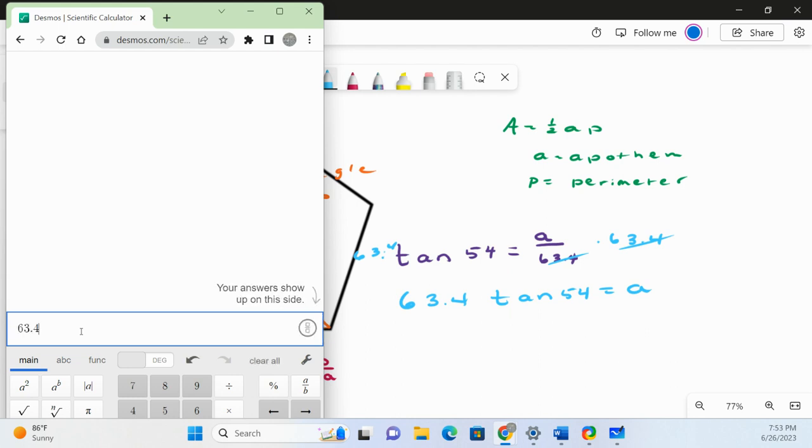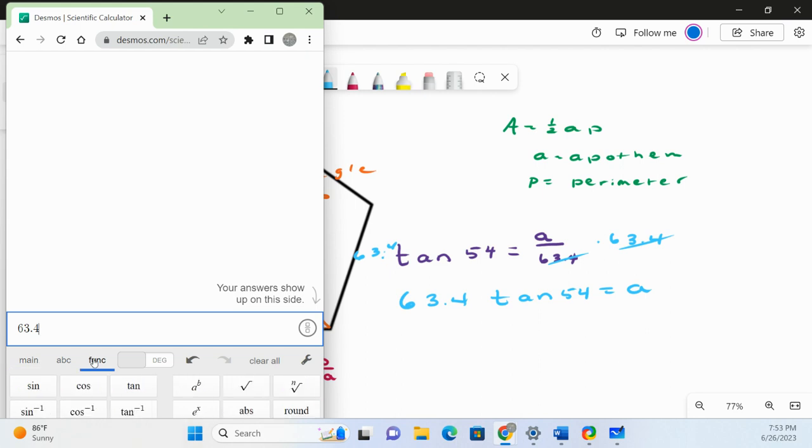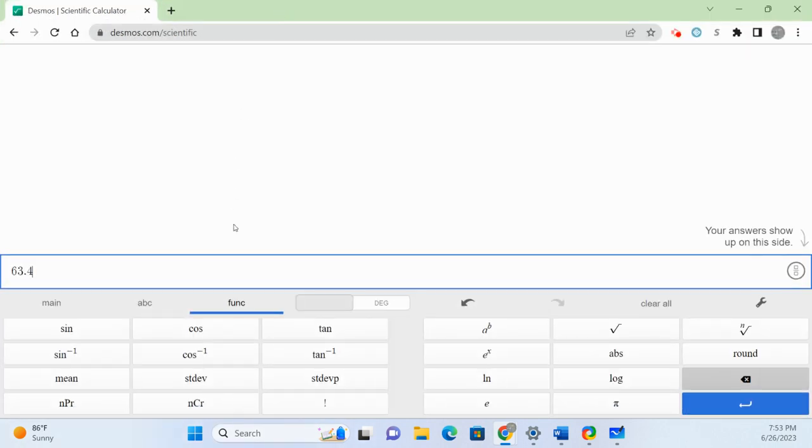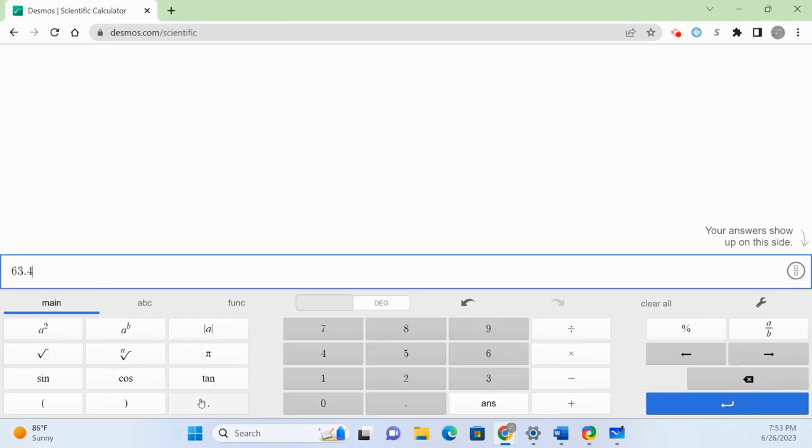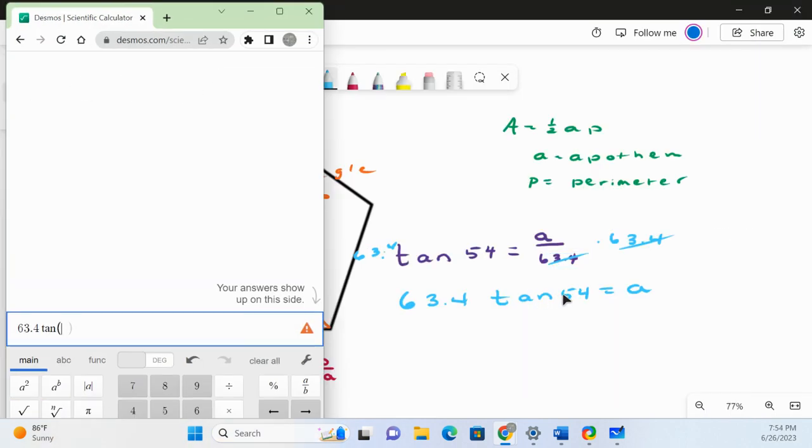There is a button for tangent, it's on the main page, or you can just type TAN. Let me show you that, just so you know how easy Desmos is. TAN, and I've got the same function. So there that is, times the tangent of 54.